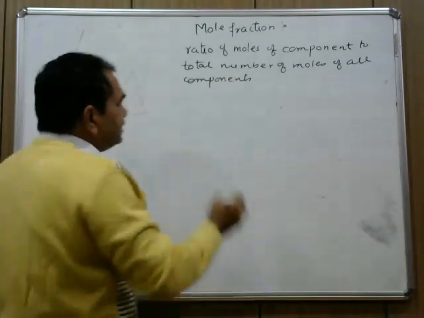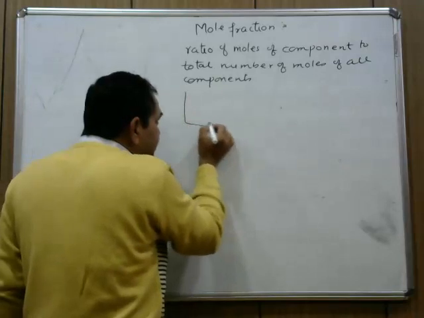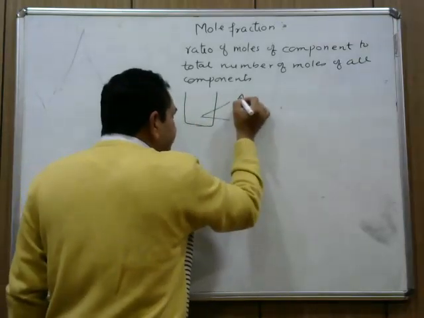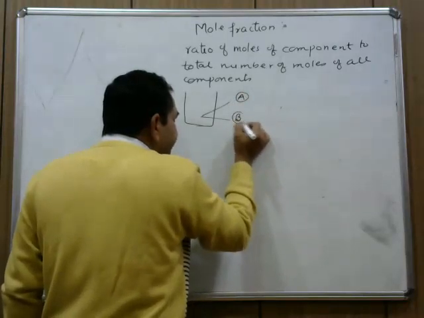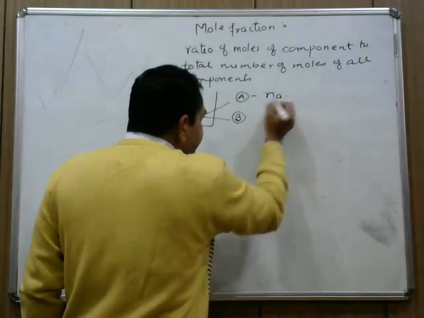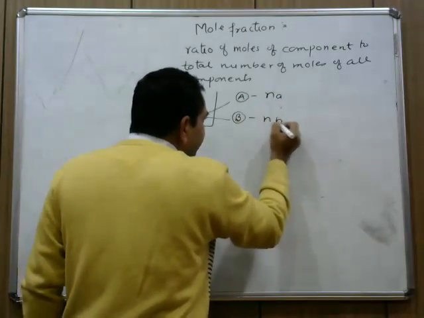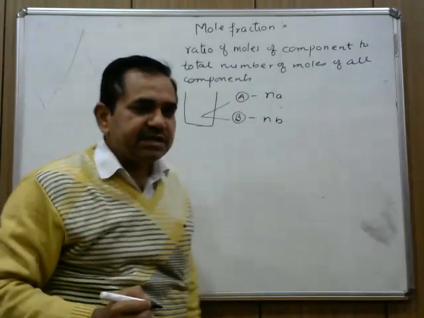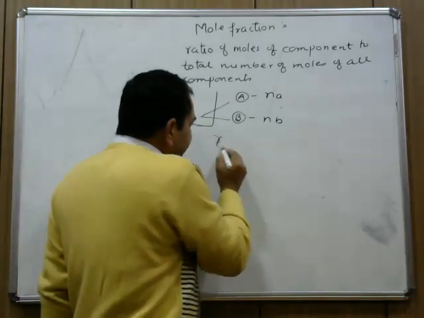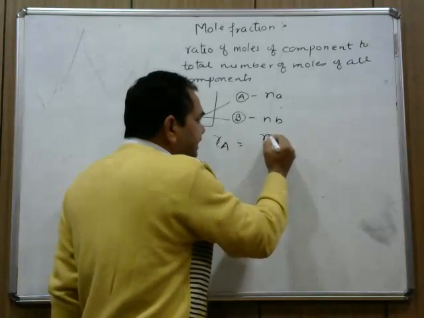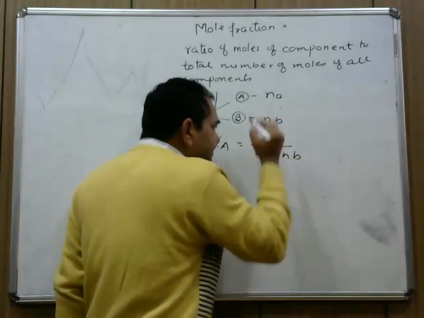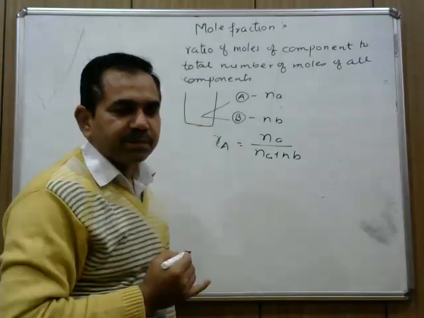Say for example, this is a solution that is made by two components, component A and component B. Number of moles of component A is represented by Na and number of moles of component B is represented by Nb. Then mole fraction of A is given by Na divided by Na plus Nb.